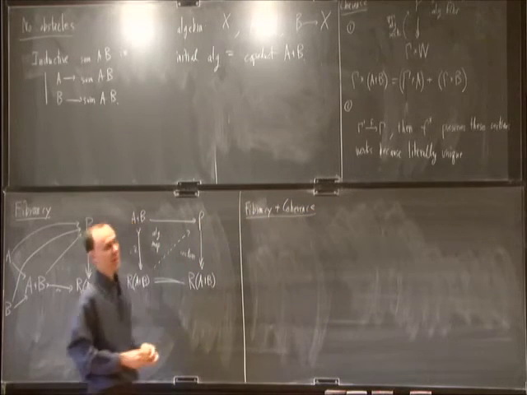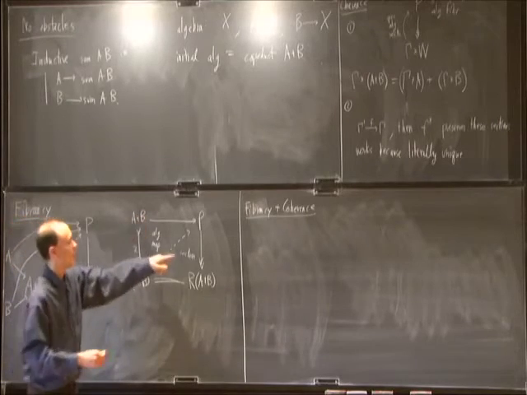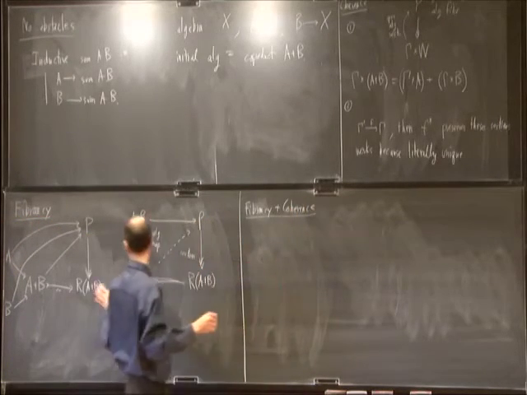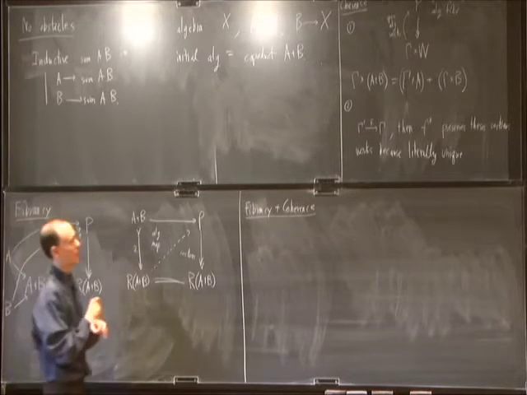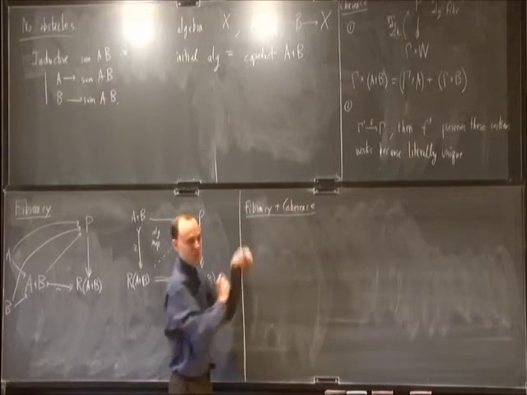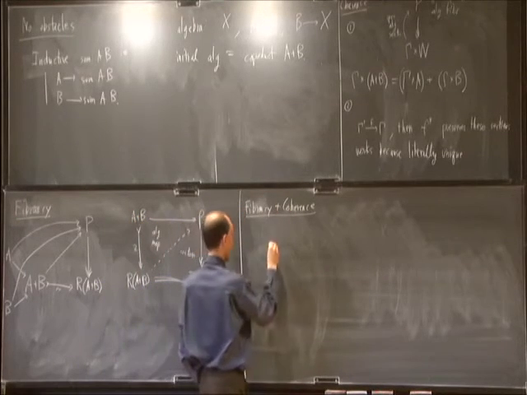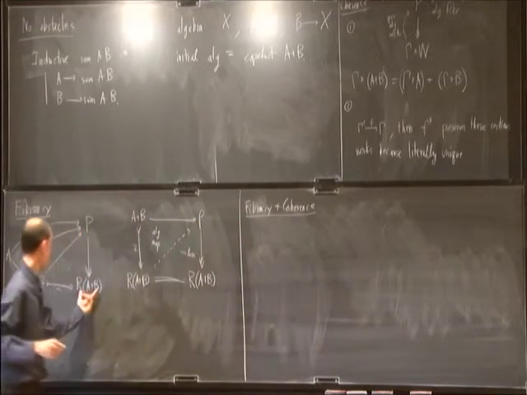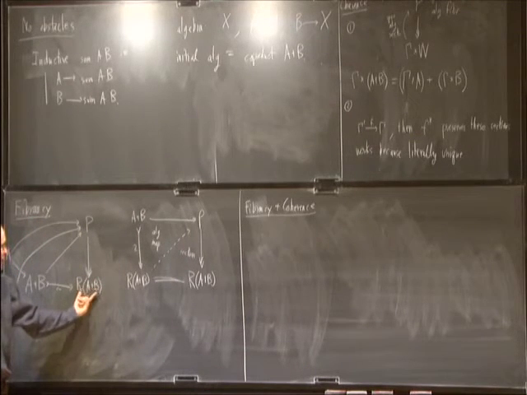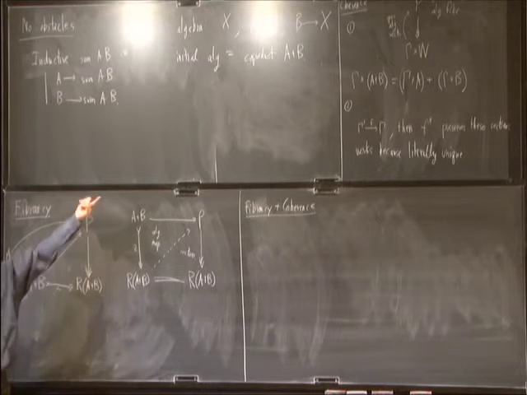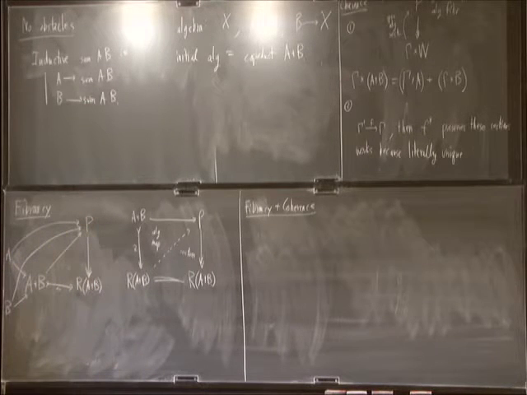So fibrancy plus coherence. We need to know that if I pull back this thing to gamma, it still has this property, and then that these lifts can be chosen in some coherent way, which is preserved by pullback. Pullback is no longer a coproduct here, so I can't use the fact that pullback preserves coproducts.